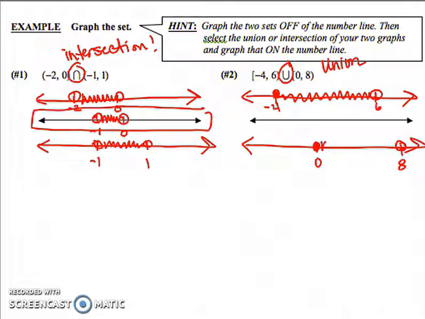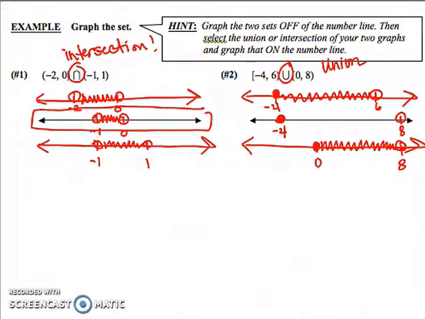If we're supposed to graph the union of these two sets, basically it's everything that belongs to either set. The top set contains our lower limit, that's -4, and -4 is included, so we're going to have a closed circle on -4. The upper limit is in our bottom set, that's at +8. That one's not included, so we have to have an open circle.